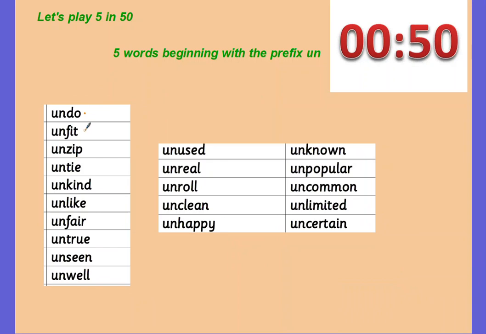You could have had undo, unfit, unzip, untie, unkind, unlike, unfair, untrue, unseen, unwell. Here we have unused, unknown, unreal, unpopular, unroll, uncommon, unclean, unlimited, unhappy, and uncertain.